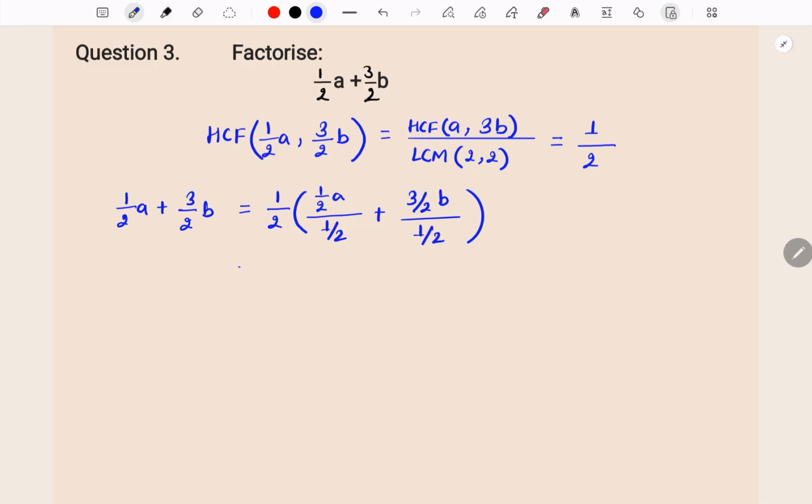Alright. Now if you simplify inside the bracket, this would be a and this would be 3b. Okay, so this would be the final answer.